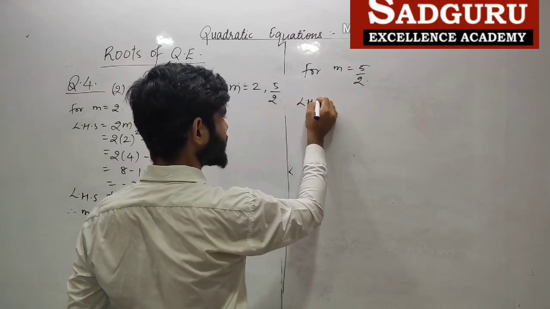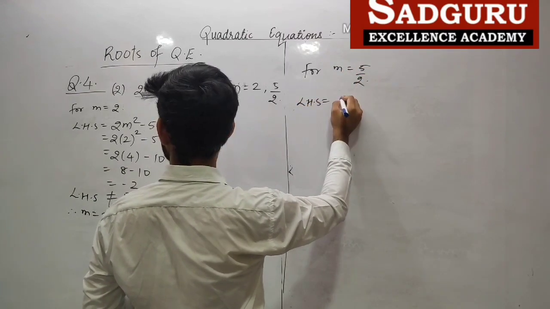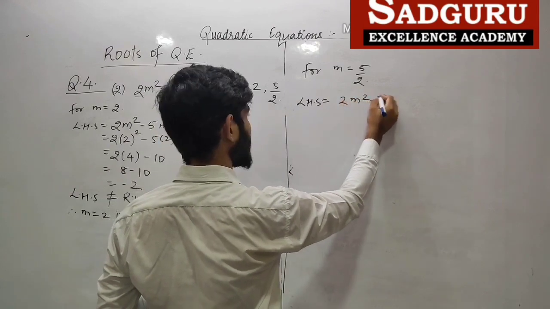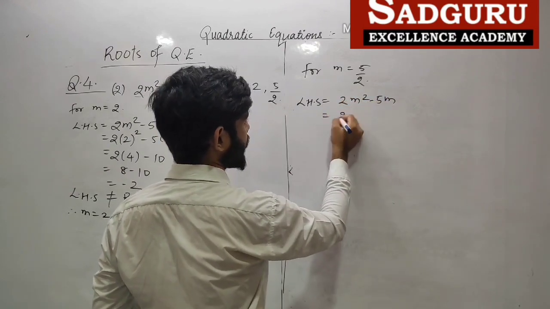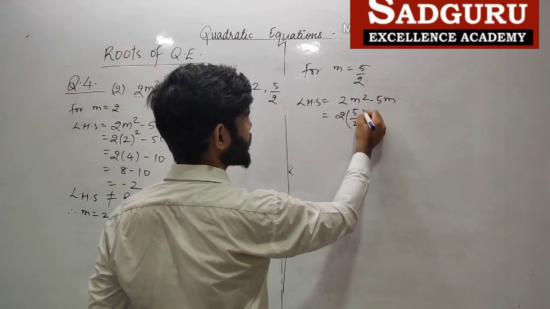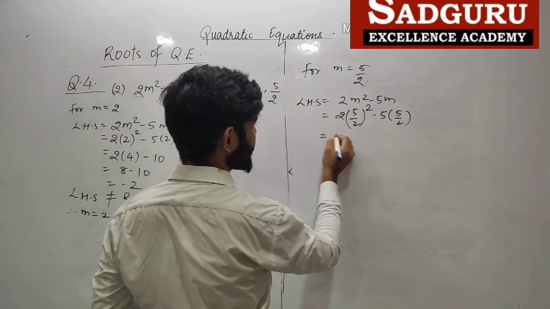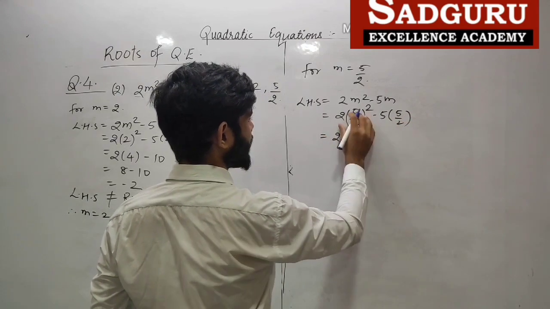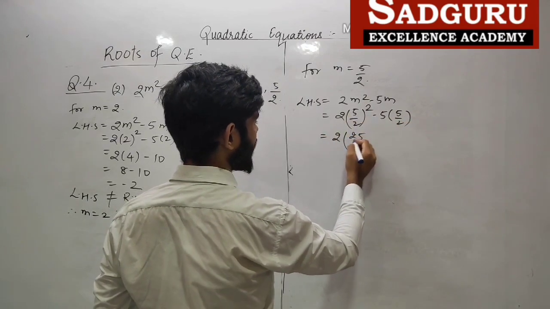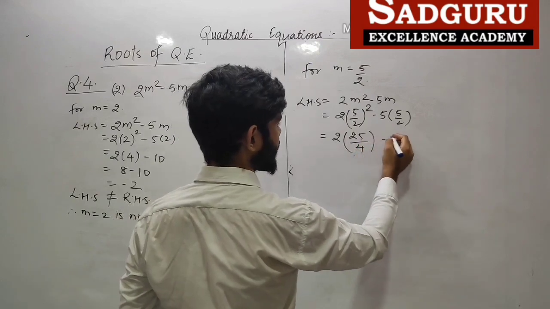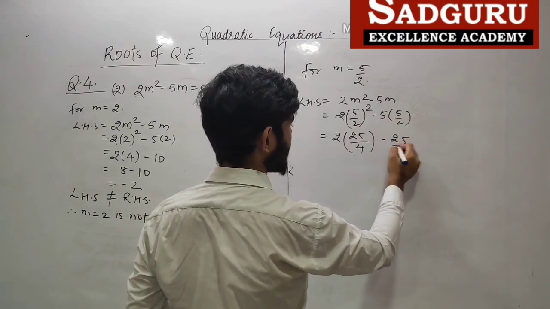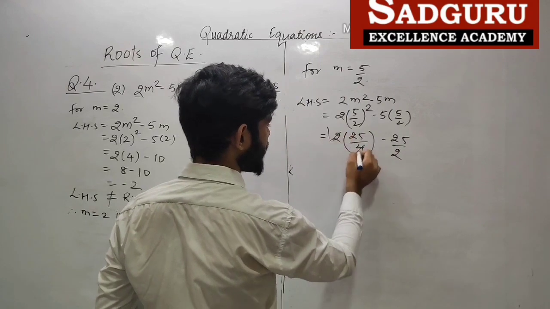So LHS becomes 2m square minus 5m. Now put the value 5 by 2 instead of m. So it becomes 2 times the square of 5 by 2, which is 25 by 4, minus 25 by 2. 2 times 25 by 4 gives 25 by 2.